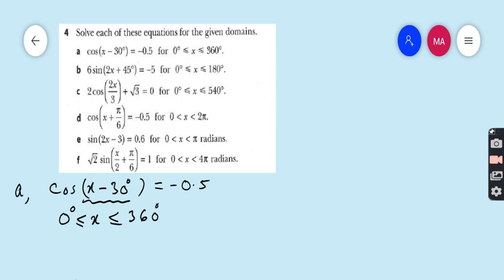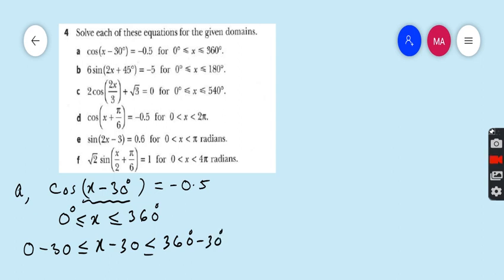How is it possible? It is possible by subtracting 30 from each value, that is 0 minus 30, x minus 30, and 360 minus 30.